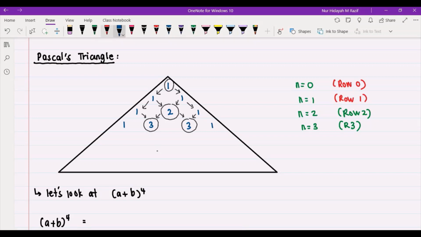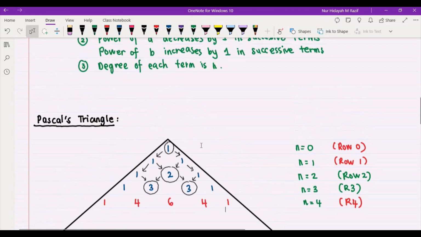Now let's take a look at n is equal to 4. When I have n is equal to 4, I need you to pause this video and try to fill in the row by yourself. For row 4, I will now have 1, and then 1 plus 3 is 4, 3 plus 3 is 6, 3 plus 1 is 4, and I can only have one way to go to that spot.